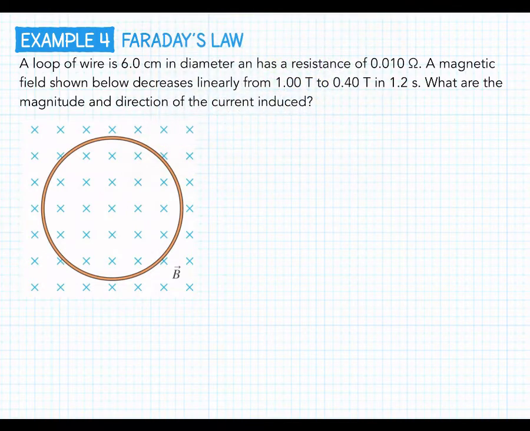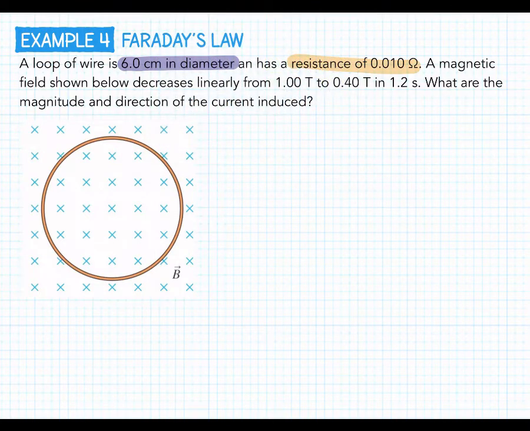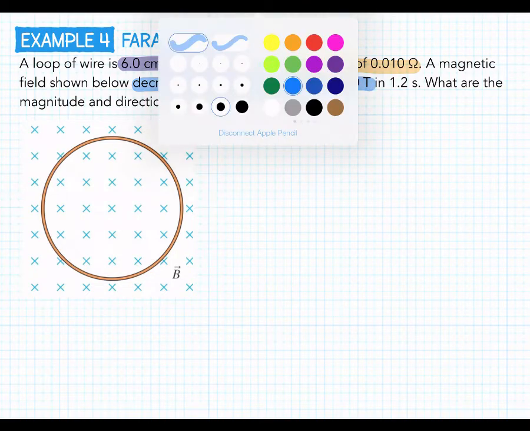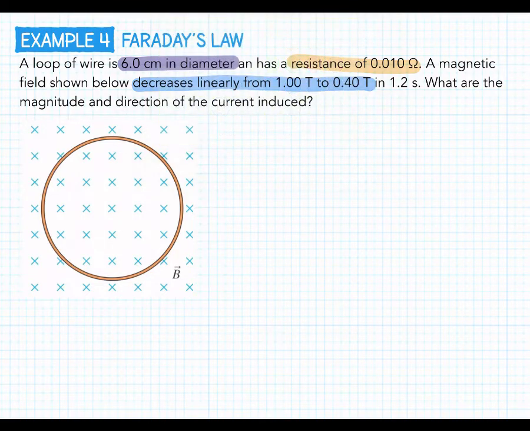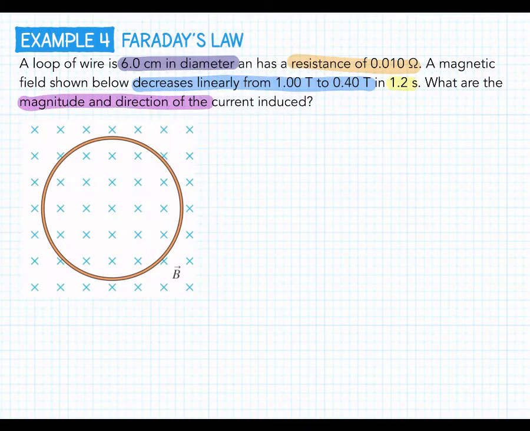That's just that circle. All right. And it has a resistance of 0.01 ohms. So we say there's a magnetic field shown, and which way does the magnetic field point? Into the page. Okay, it's decreasing linearly from 1 Tesla to 0.4 Tesla in 1.2 seconds. All right, we want to know what are the magnitude and direction of the current induced.